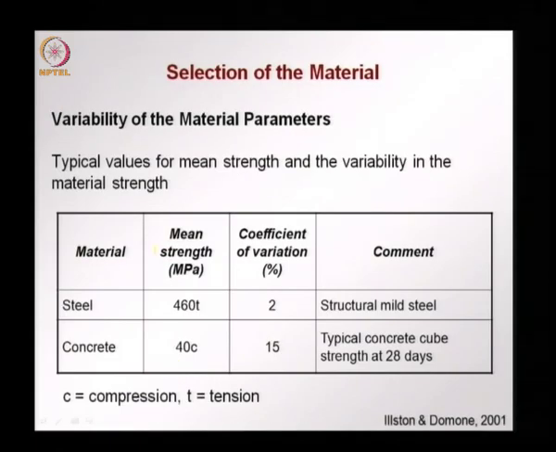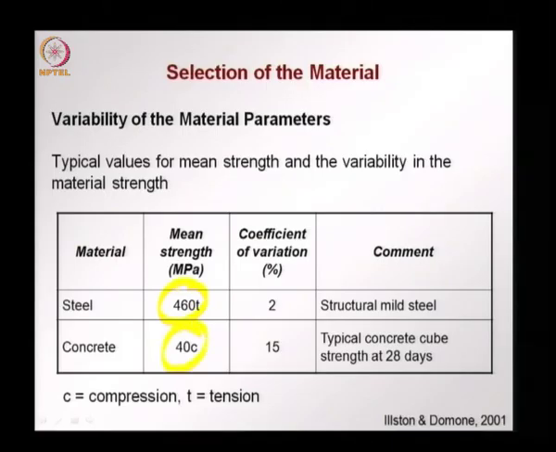When we look at the variability coming from different materials, we understand the importance of this concept further. Here in this table we have two materials, steel and concrete, with steel having say a strength of 460 megapascal in tension, concrete having 40 megapascal in compression.